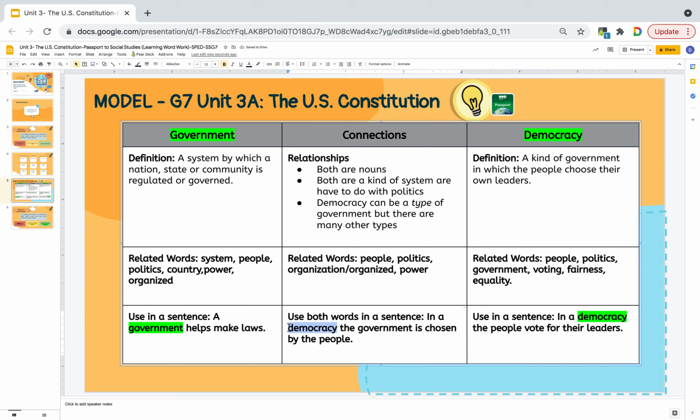And that's how I've used both words in this sentence. So looking back at this organizer, I am now able to completely understand what both words mean, how they are connected, and how they might relate to other topics or ideas within this unit.